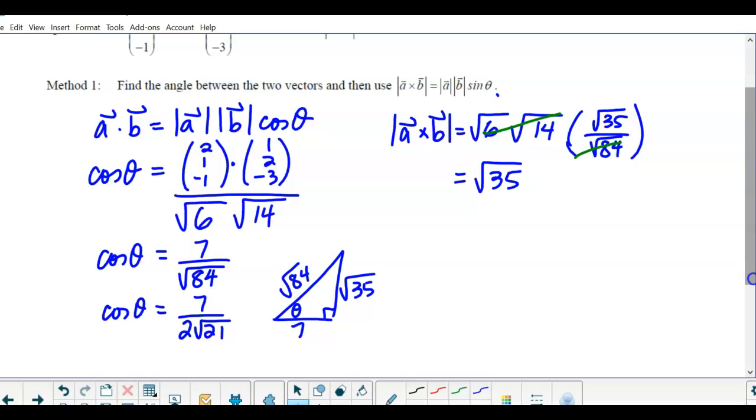Okay, and then method 2 is to actually calculate the cross product of those two vectors using components.